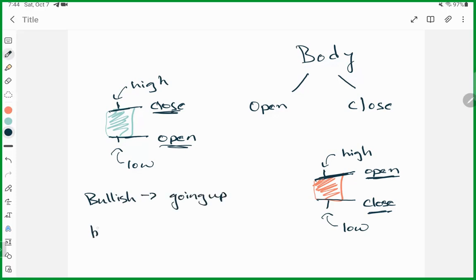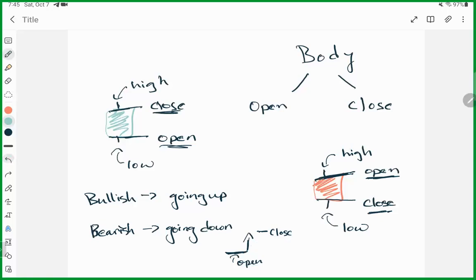And if we're bearish, that means that price is going down. So on a bullish candle, we open here, then we should be going up and closing higher, right? So we open here, and then we close somewhere up here because we're bullish. Price is going up. That's why the open is here and the close is higher.